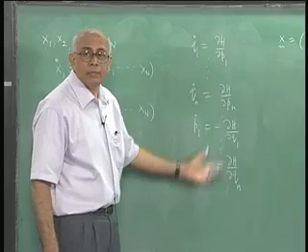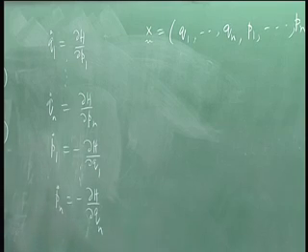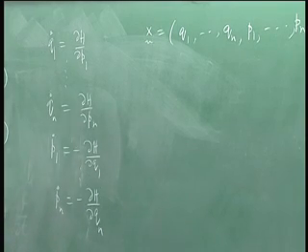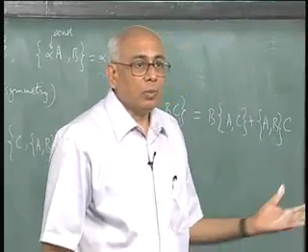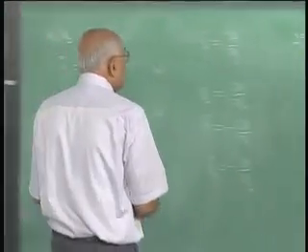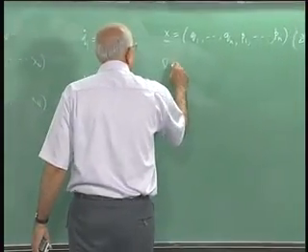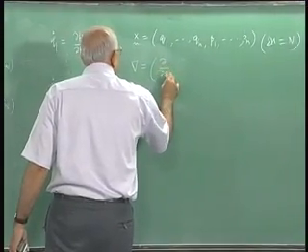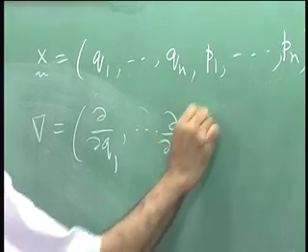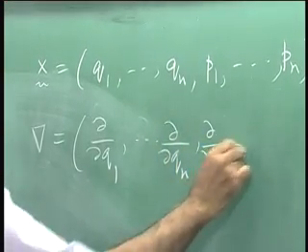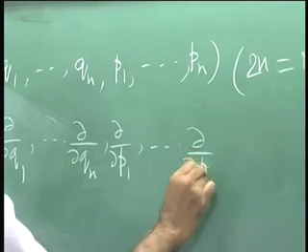certain partial derivatives of a scalar function H. It almost looks like a gradient, because what would the gradient operator be in phase space? This would be ∂/∂q1, ∂/∂qn, ∂/∂p1, ∂/∂pn.